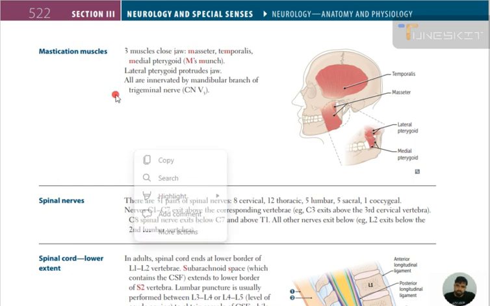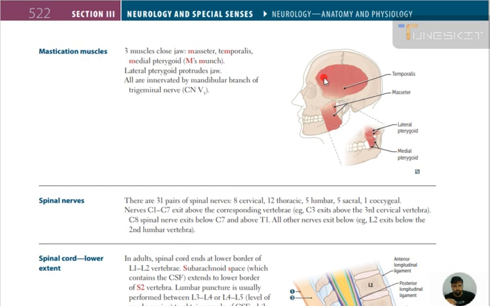So this was the page where we left, and we were talking about the muscles of mastication. These are all supplied by the mandibular branch of the trigeminal nerve, which is the third branch.